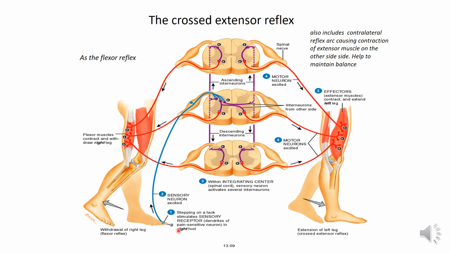So the stimulated leg is going to show flexion, and the other leg is going to show extension in order to support the body weight and maintain balance. This is known as the flexor withdrawal crossed extensor reflex: flexor withdrawal of the limb at which the painful stimulus is applied, and crossed extensor in the contralateral limb.